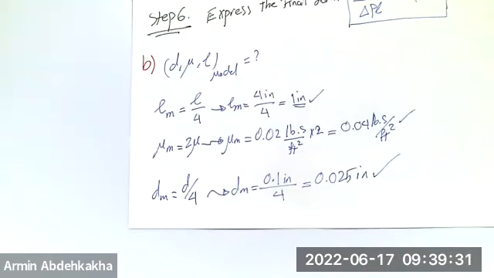So part B is easy, just applying that. In any question in this chapter, you may be asked for 3 jobs.